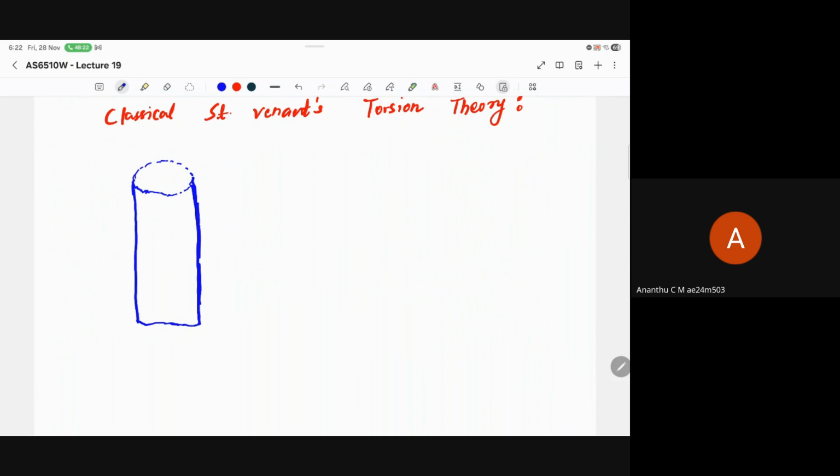Okay. So this is the cross section of the shaft now. Now for this shaft, let us say this is the total length, L. L is the length of the shaft. And let us define the axis system.